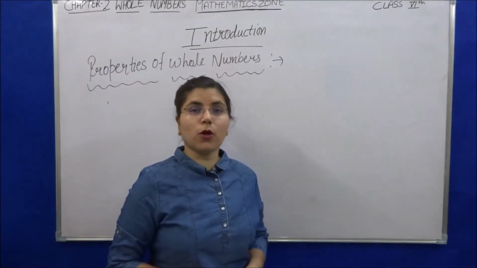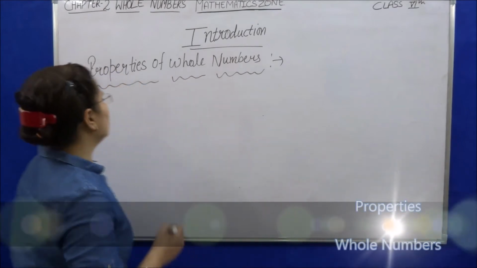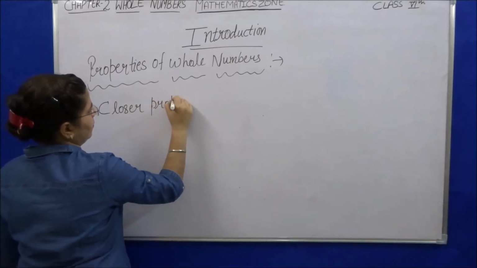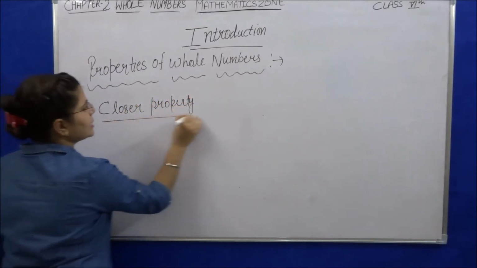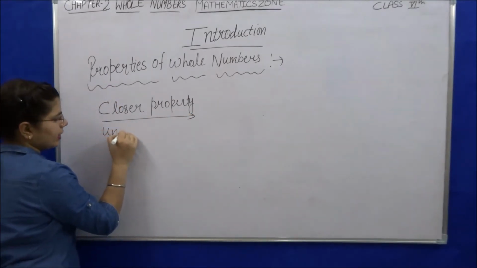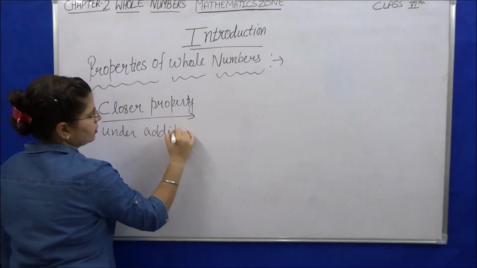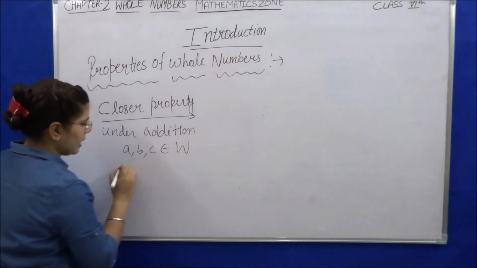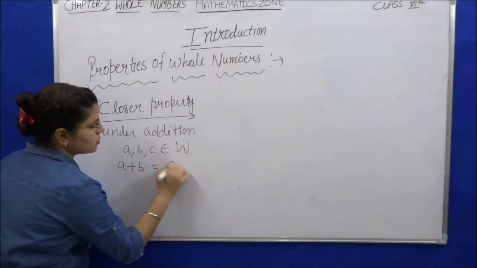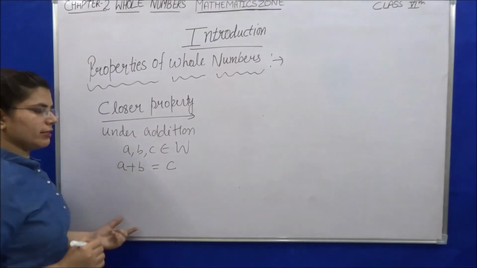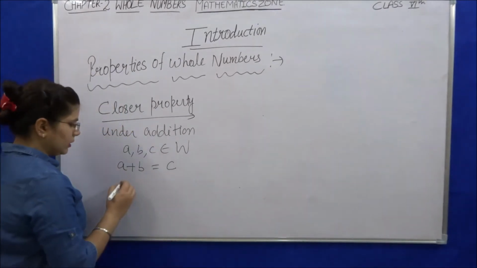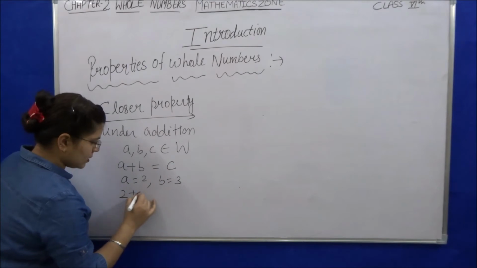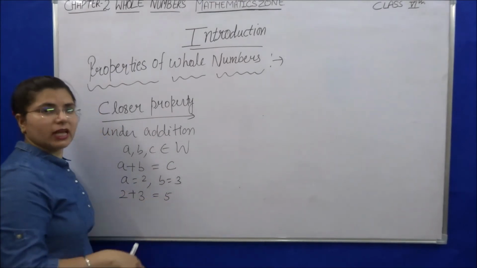Now next we will do properties of whole numbers. First of all, closure property. Under addition, if a, b, c are three whole numbers, then this can be written like a plus b equals c. Suppose we take a equals 2 and b equals 3, then 2 plus 3 equals 5, which is again a whole number.